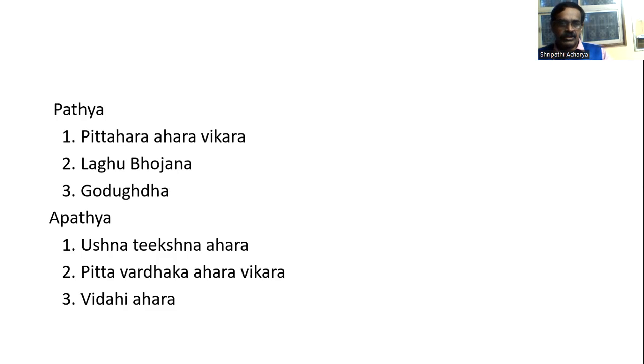The pathyas are Pittahara Ahara Vihara, Laghu Bhojana, and Godhuma. Mudga also, Shalanna, Mudga, Shashtikashali, Dugdha are pathya. Apathyas are Ushna and Tikshna Ahara, Pittavardhaka Ahara Vihara, and Vidahi.